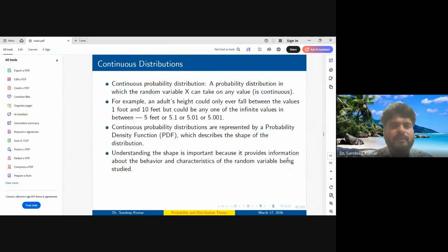Continuous distributions are basically of many types, but here we will discuss three types: normal distribution, exponential distribution, and continuous probability distribution. A probability distribution in which the random variable x can take on any values. In the discrete case, x can only take the values 0, 1, 2, 3, 4, 5, or yes or no, failure and success.